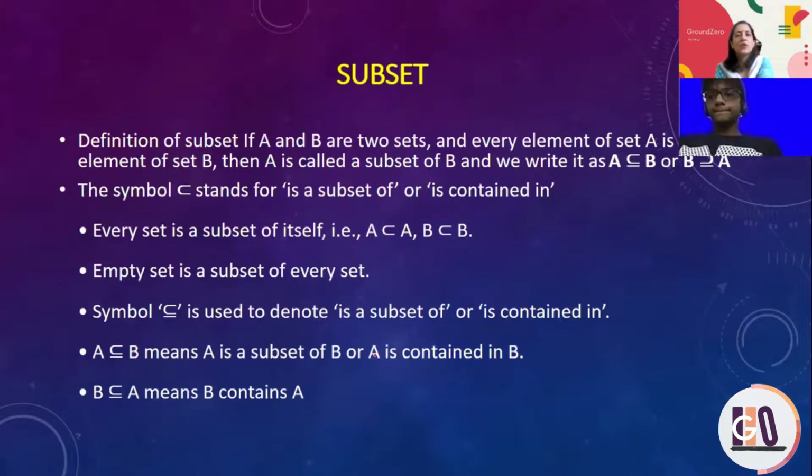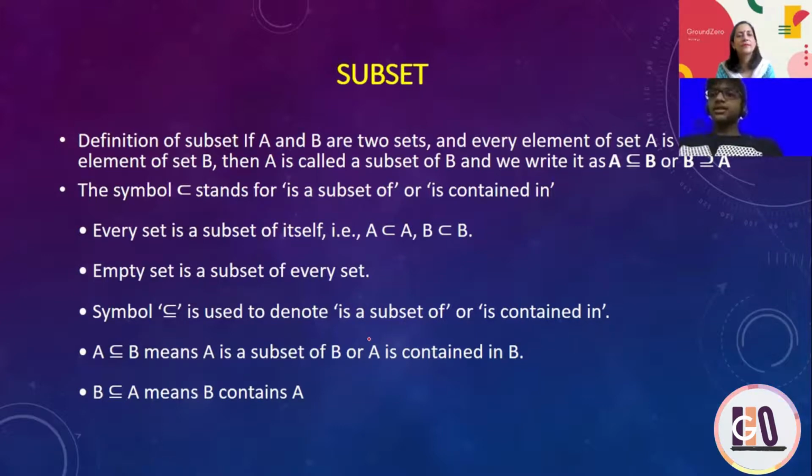Next, what is a subset? The definition of subset: if A and B are two sets, and every element of set A is also an element of set B, then A is called a subset of B. So every element is there.